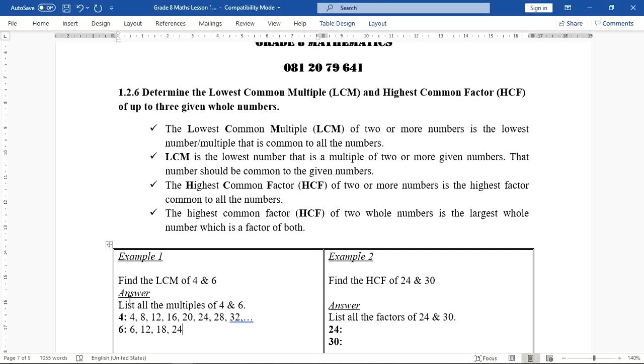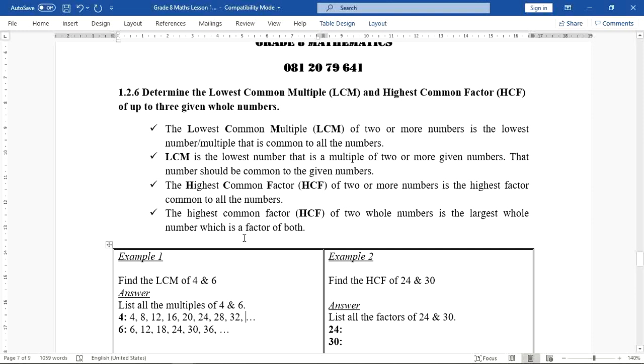This one we know already. 6 times 5 is 30, then 36, and the list goes on and on. What is happening here? You keep adding 6 all the time: plus 6 is 12, plus 6 is 18, plus 6 is 24, plus 6 is 30. So these are the first multiples of 4, and these are the first multiples of 6.